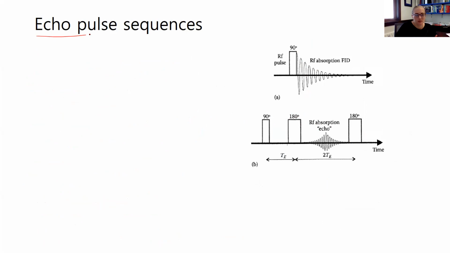This is sometimes called echo pulse sequences, and that just means you're going to be using multiple pulses timed differently to enhance your signal and improve your signal to noise ratios. So this can be used for signal averaging, and also dephasing.